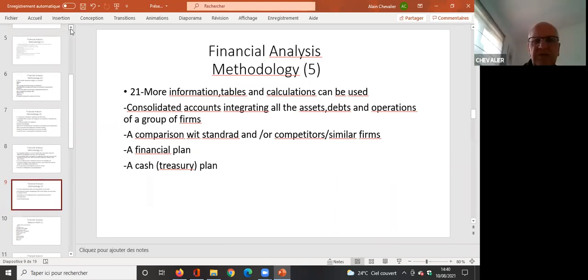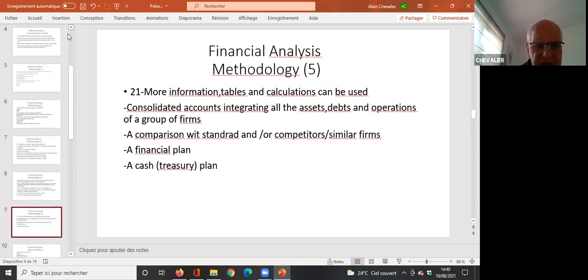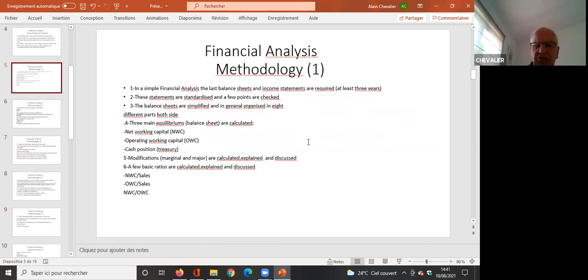But admit it's not really completely standardized, okay? But you need some kind of basic checklist right now. When I say basic checklist, it is because what I propose is for simple firms. It's not for a group of companies. I will say a few words on a group of companies, but this is another question.